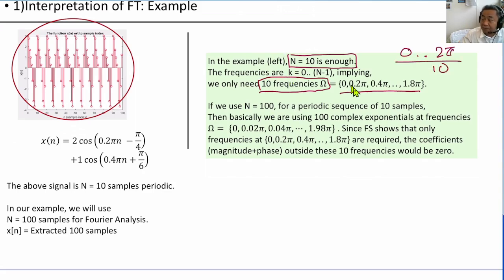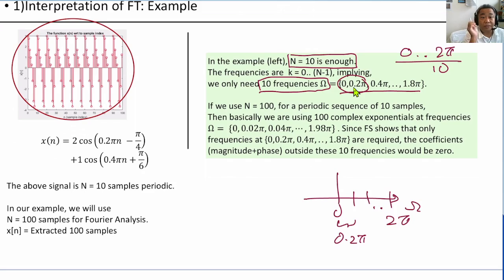And each of these intervals, 2 pi over 10, is 0.2 pi. So you are dividing the horizontal axis of your analysis from 0 up to 2 pi in 0.2 pi intervals. That's what it means when we are looking at it in the frequency domain.